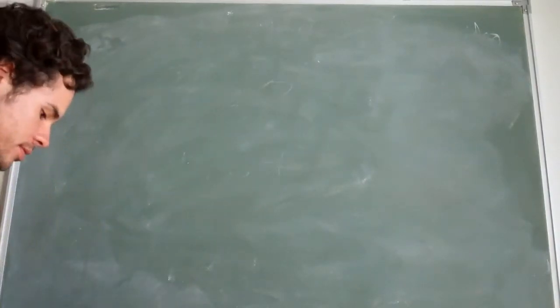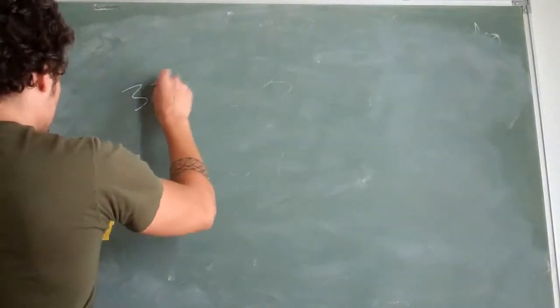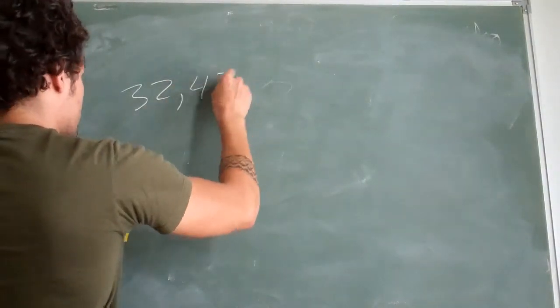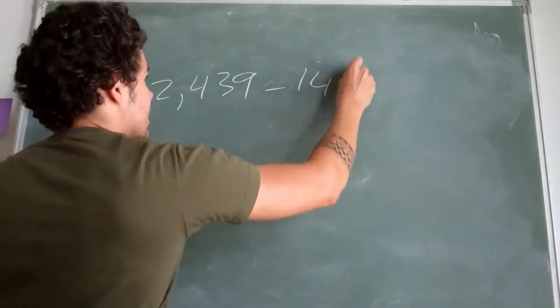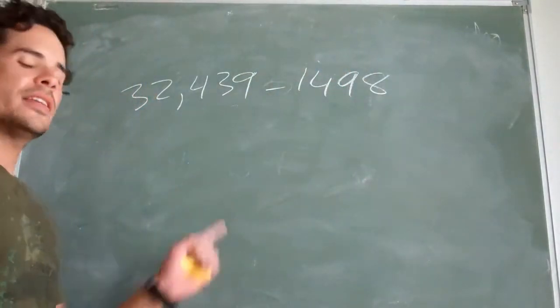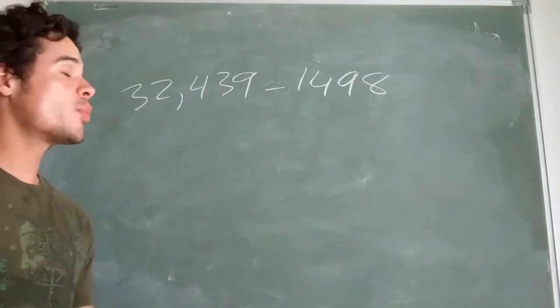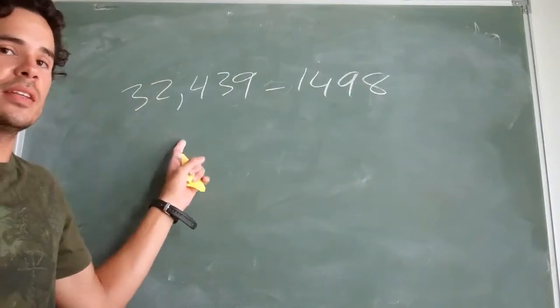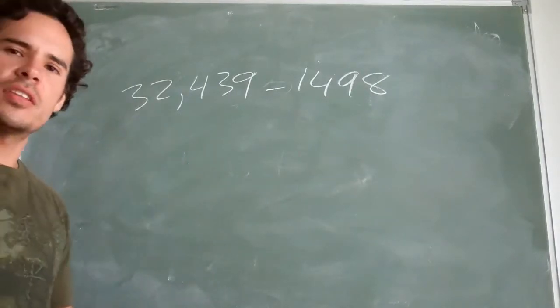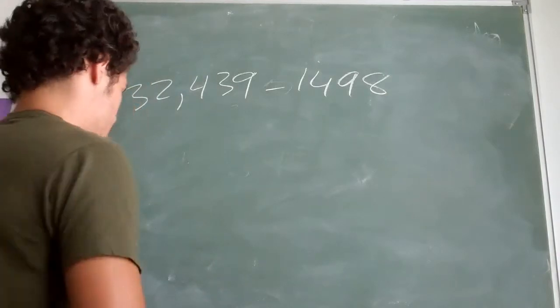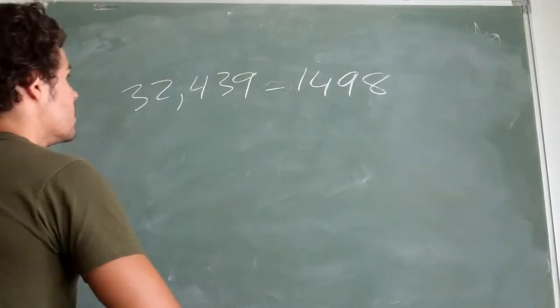Let's see what I wrote. Okay. What if it asks you like this? 32,439 minus 1498. If they ask you a question like this, that's okay, it's not a problem. All it means is that we have to rewrite it so that we can understand it better and so that we can actually perform the subtraction the way that we've been doing it.